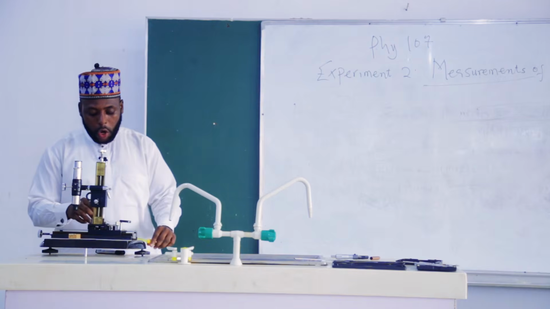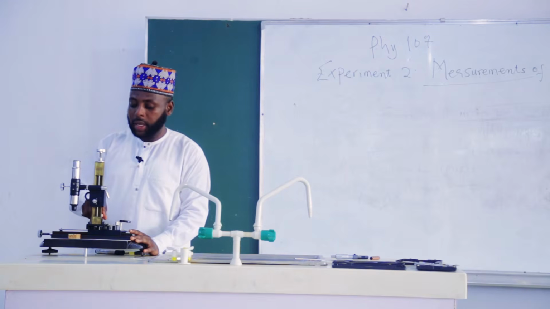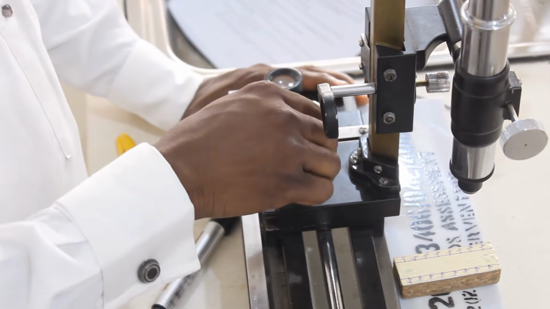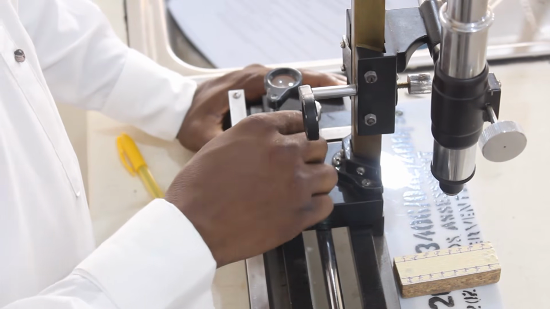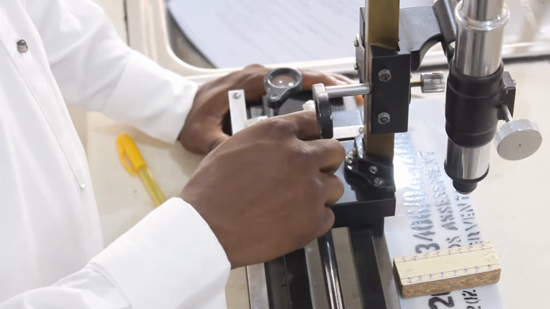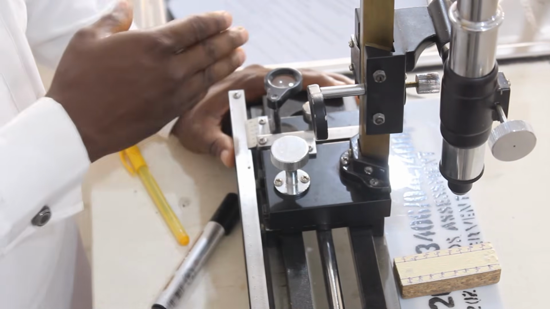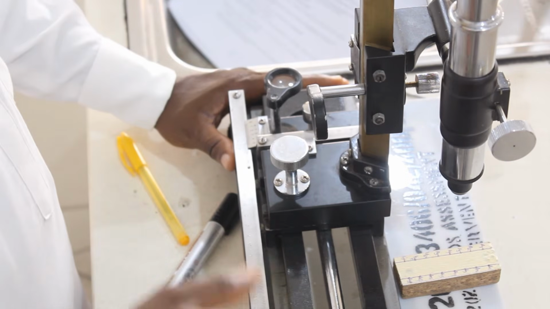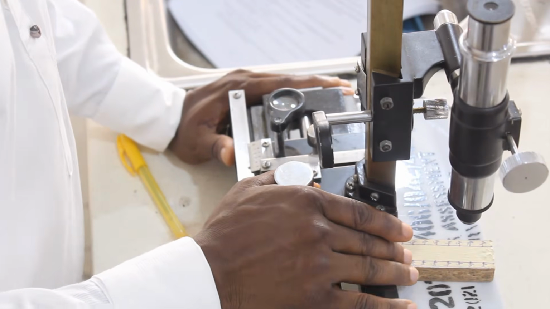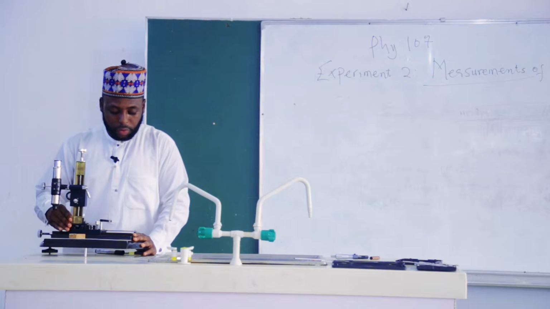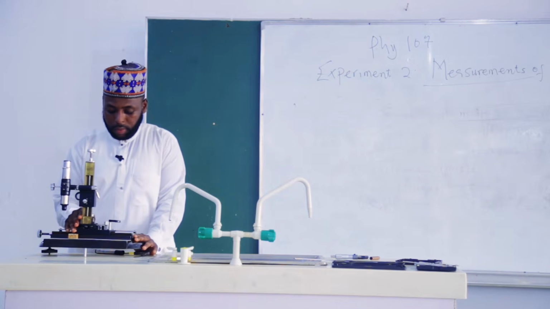Then we have a knob that allows us to move forward and backward depending on the dimension and shape of the object that we want to measure. Then we can also move along the horizontal line by moving this knob from left to right, like so.